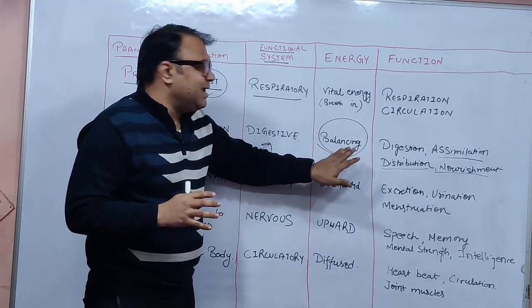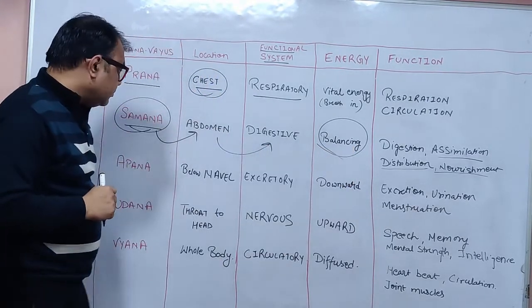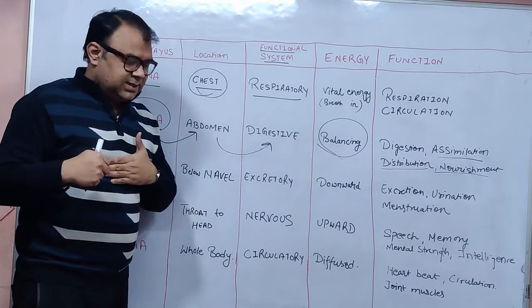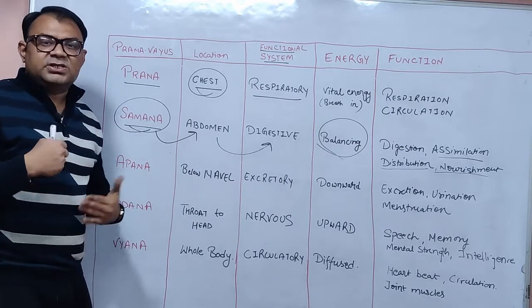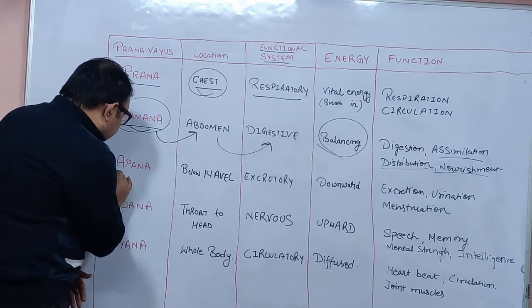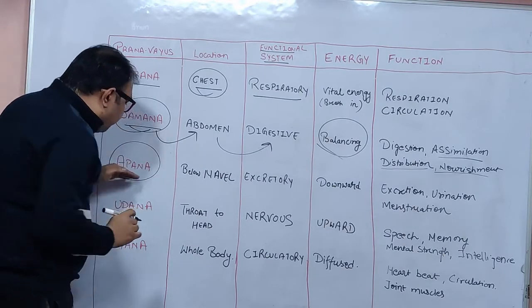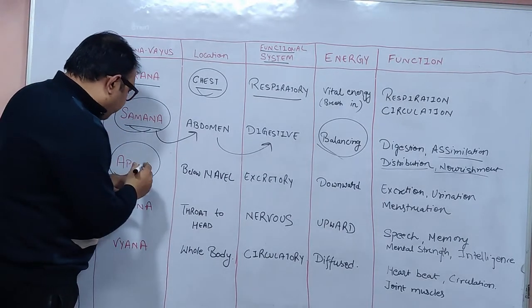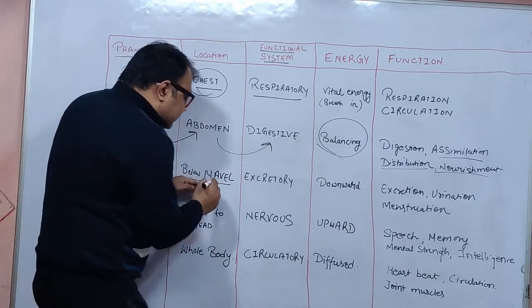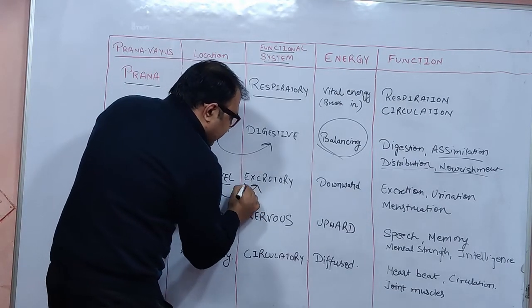Now, after the abdomen, from just below the navel to the feet, the same vayu is called Apana. Apana's location is below the navel, and it is responsible for the excretory system.